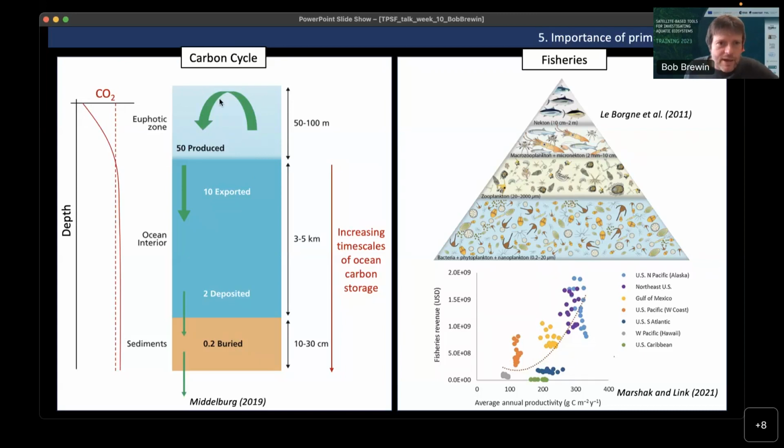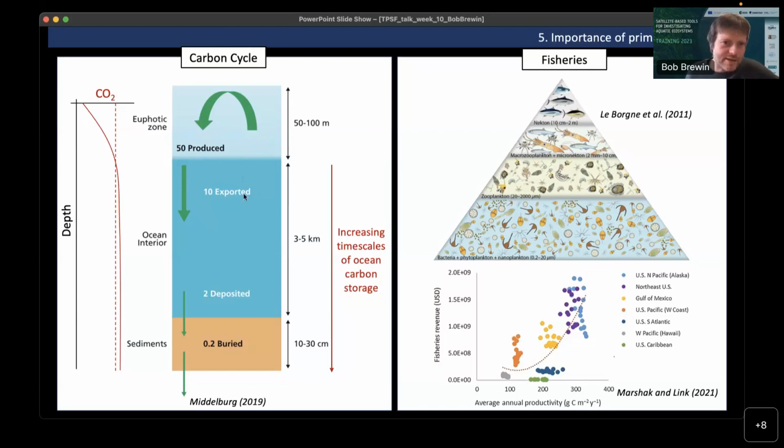Now that primary production produced by phytoplankton at the surface, as we showed in the previous slide, a large portion of that will get respired back from organic carbon into inorganic carbon, so going back to CO2, but a certain amount of it gets exported down into the interior ocean. It's thought around 50 gigatons of carbon is produced in the surface of the ocean.